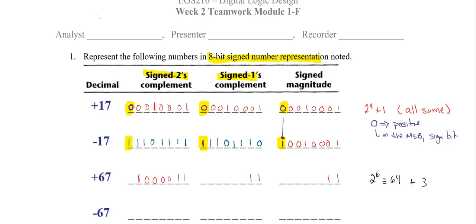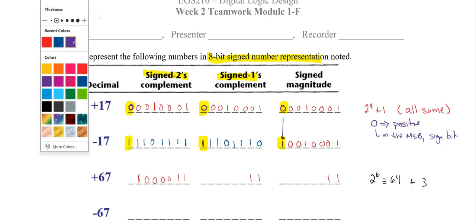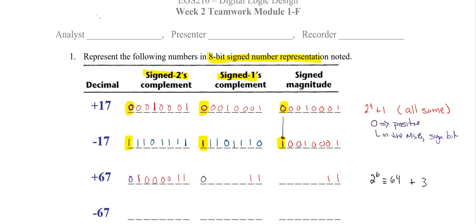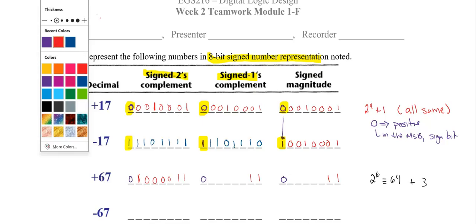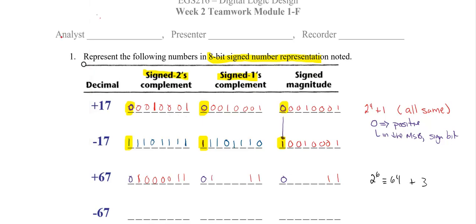And our sign bit is going to be a 0. So for all of these, our sign bit will be a 0, and the rest of them represent a 67. 0, 1, 0, 0, 0, 0, 1, 1.